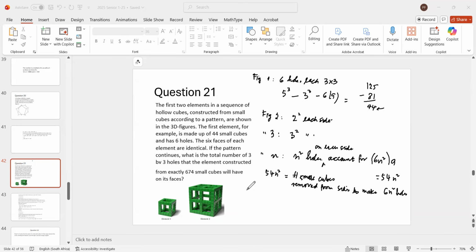Right? And in the nth figure, figure n, what have you got? Now this 5, let's have a look at the size of the first figure. It's this 5, where is it coming from?